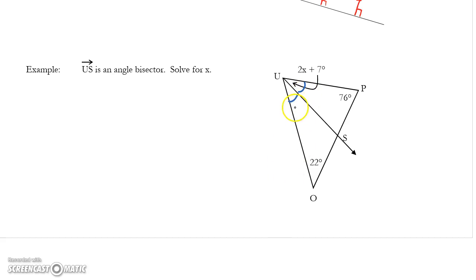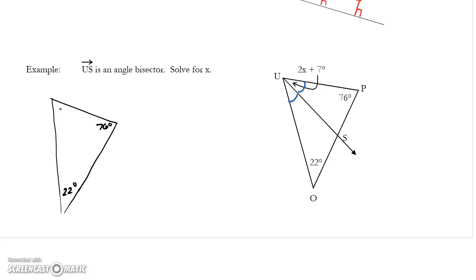I know that's true, but I don't know what either angle is. What I do know, if I look at this triangle in a different way, is that this is 22 degrees, this is 76 degrees. I could find this using the triangle sum theorem.